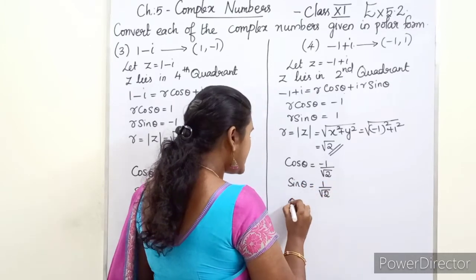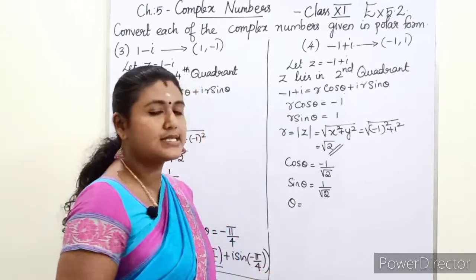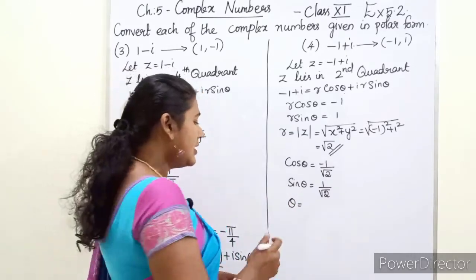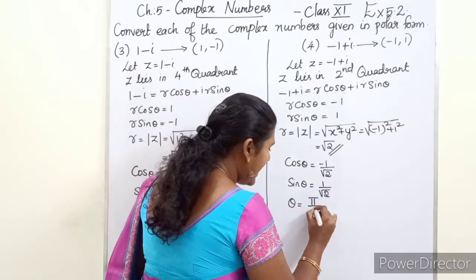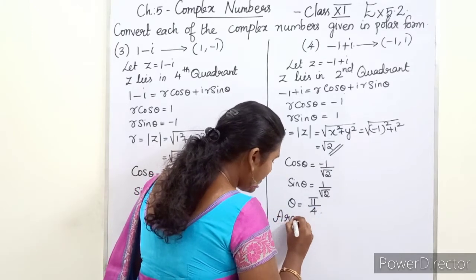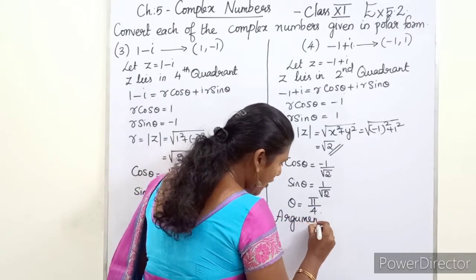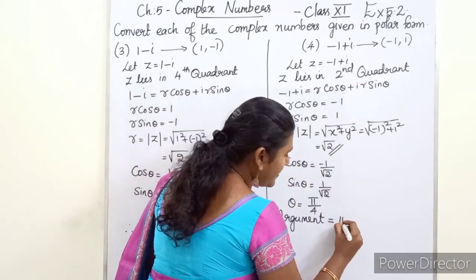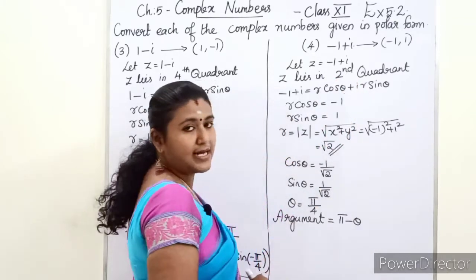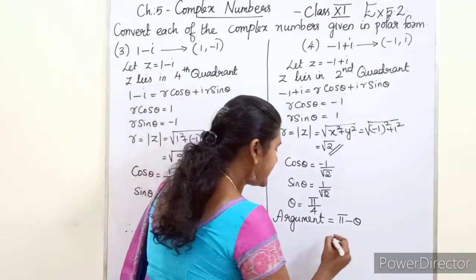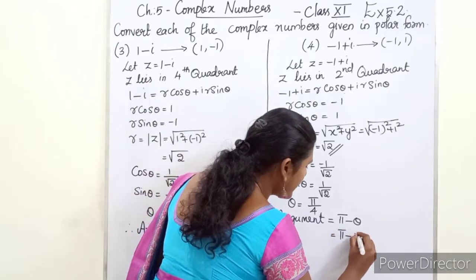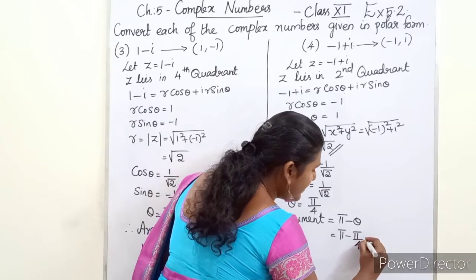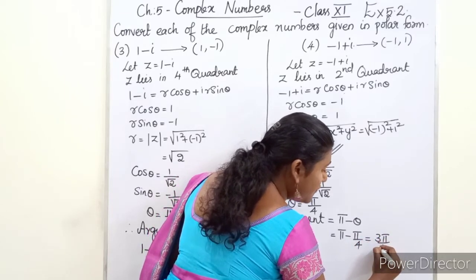So here theta, for which angle cos and sin value is 1 by root 2, that is pi by 4. And now we will find the argument. Since the complex number lies in the second quadrant, the argument formula is pi minus theta, that is pi minus pi by 4. When you simplify, you will get 3 pi by 4.